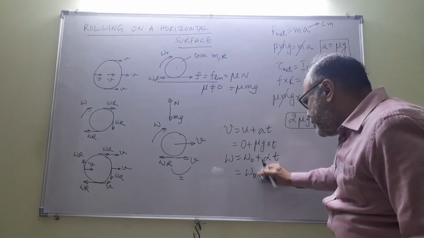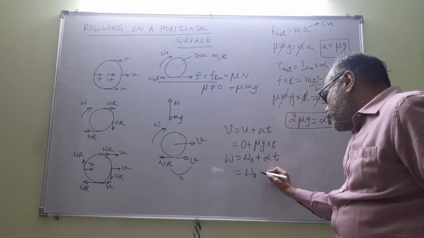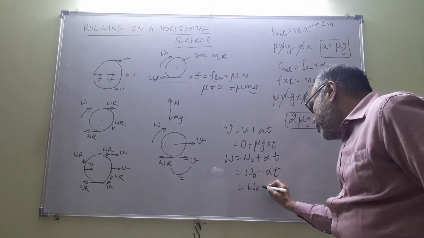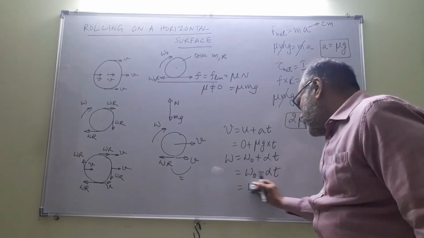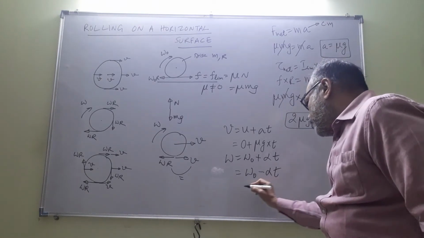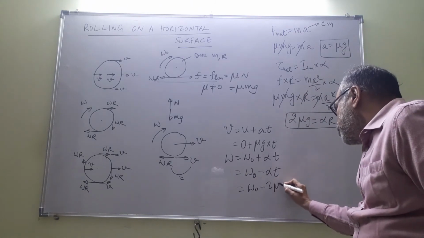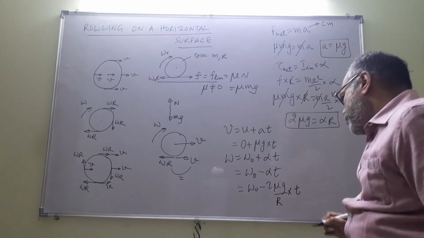Now as we said, it is a retarding angular acceleration, so it will be minus alpha into t. So this will be omega naught minus alpha into t. Alpha is nothing but 2 mu g by r into t.